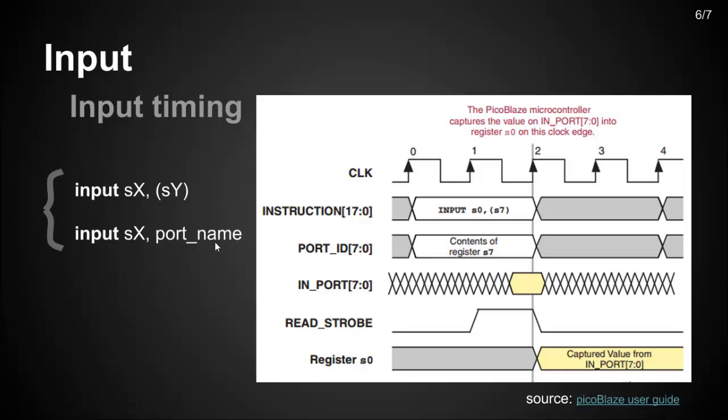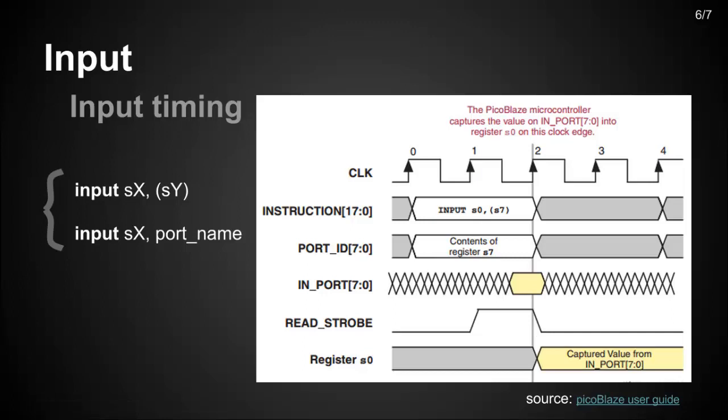Now, looking at the graphic and following the input interface operation we saw in slide 5, we can see that the port address is defined by the contents of the register S7, which we can see in the port ID line, and that selects where the data is read from. The port ID is then decoded, and the requested data is going to be presented on the in port, and the read strobe signal goes high on the second clock of the 2-clock cycle instruction.